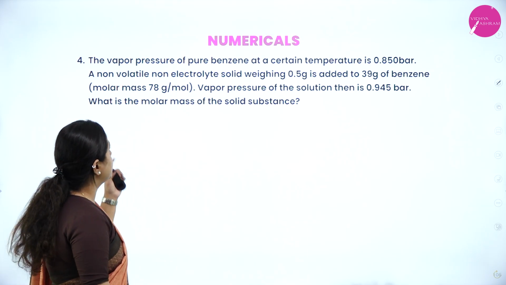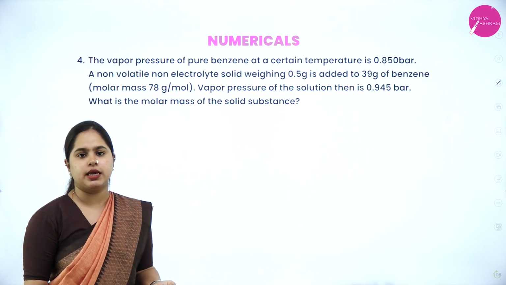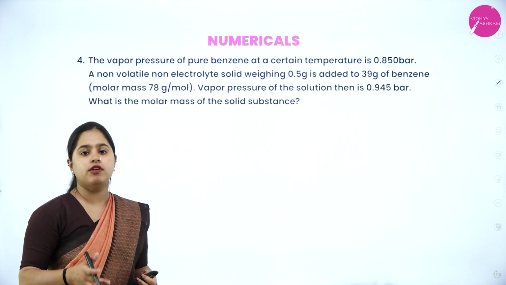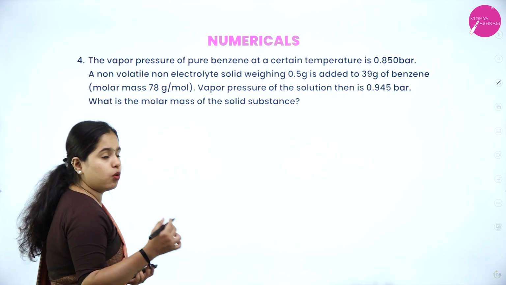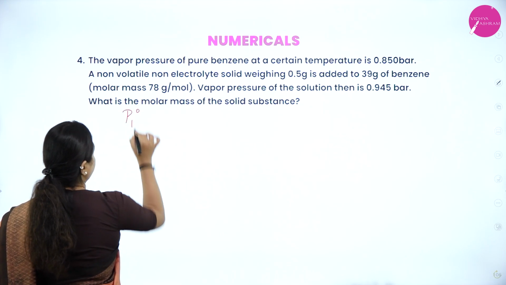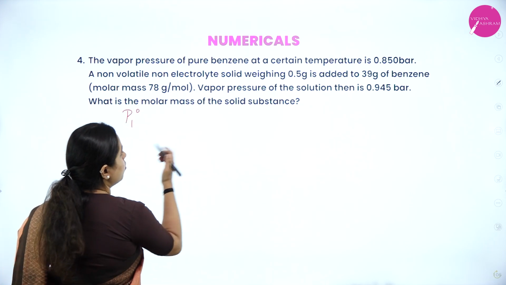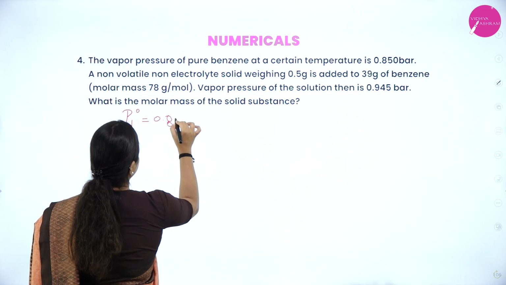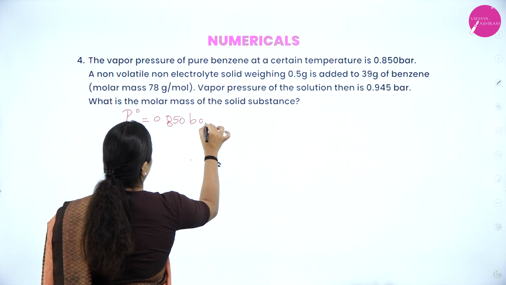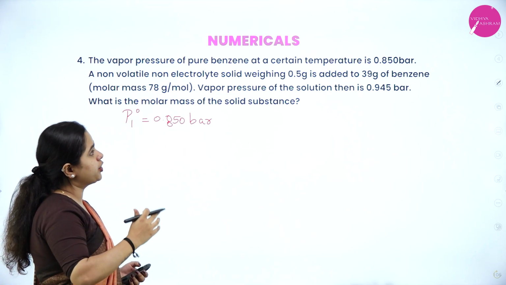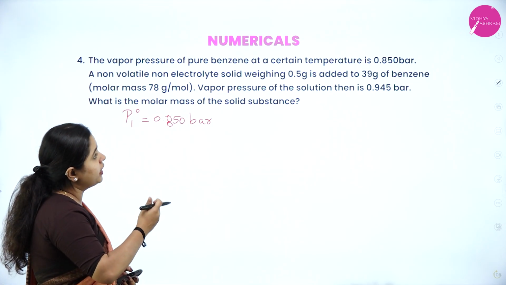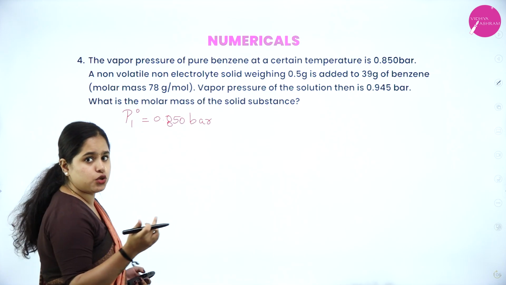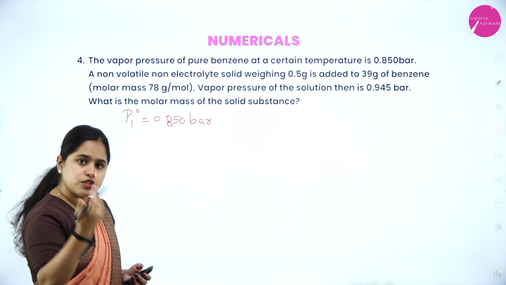Let's write down first. The vapor pressure of pure benzene, the pure solvent, is P1 naught, which is given as 0.850 bar. A non-volatile, non-electrolyte solid weighing 0.5 gram, so the mass of the solute is given.